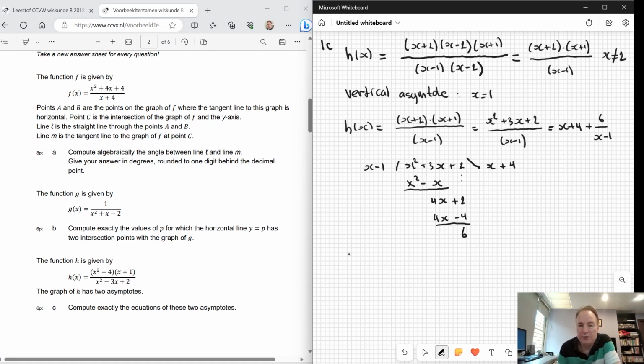So in other words, the limit of this function going to plus or minus infinity is basically the limit of x plus 4 plus 6 over x minus 1.